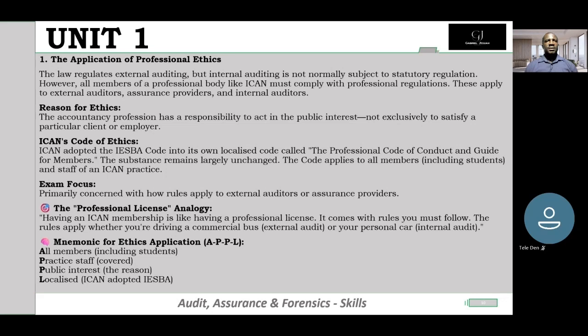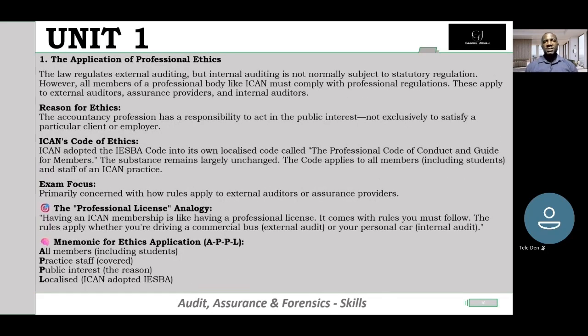However, all members of a professional body like ICAN must comply with professional regulations. So this applies to external auditors, assurance providers, and internal auditors alike. Why do we have ethics?